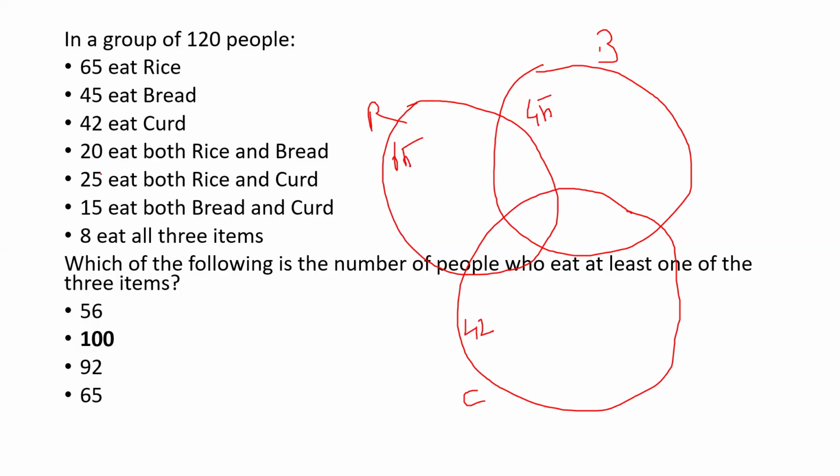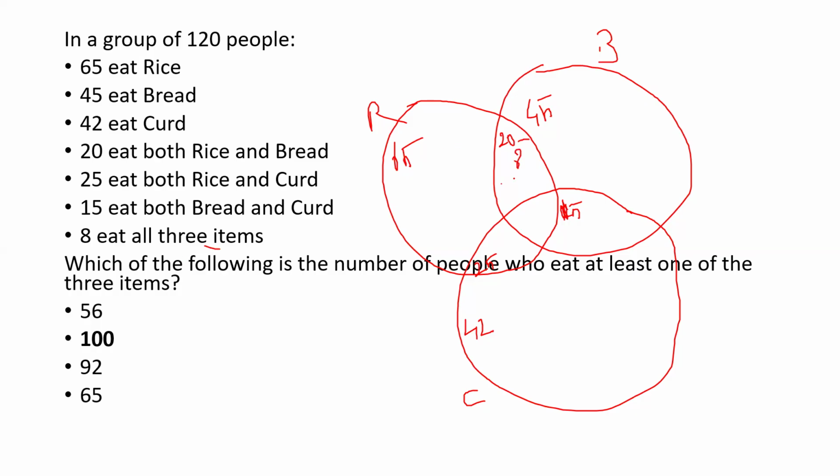Rice and curd is 25. Next one is both bread and curd, 15. Now we take the three items all together, 8.